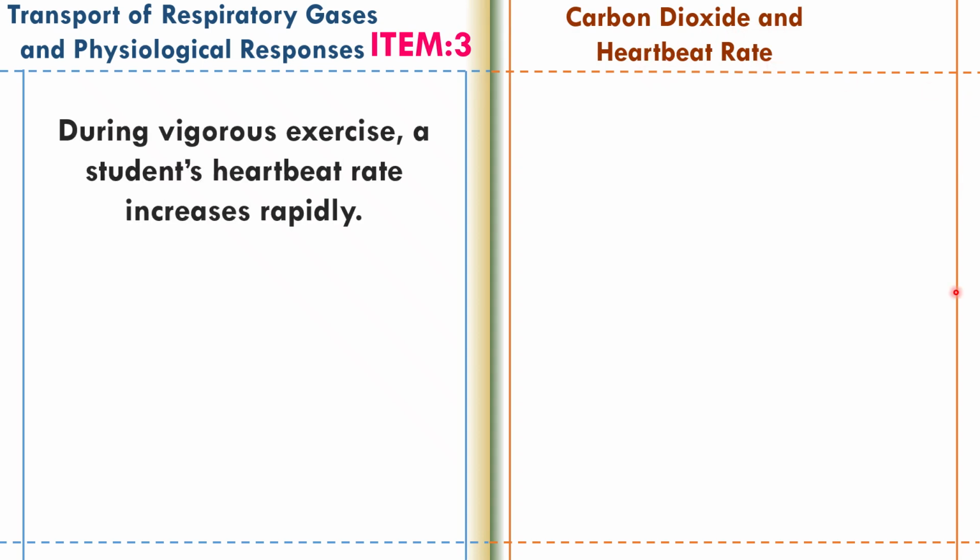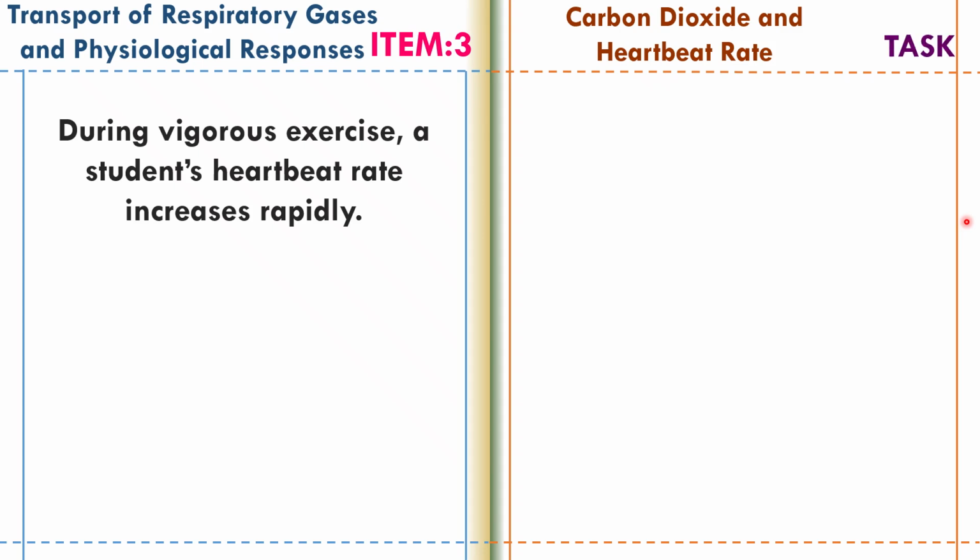We are still looking at transport of respiratory gases and the physiological responses. Item 3. We are going to focus on carbon dioxide and heartbeat rate. During vigorous exercise, a student's heartbeat rate increases rapidly.